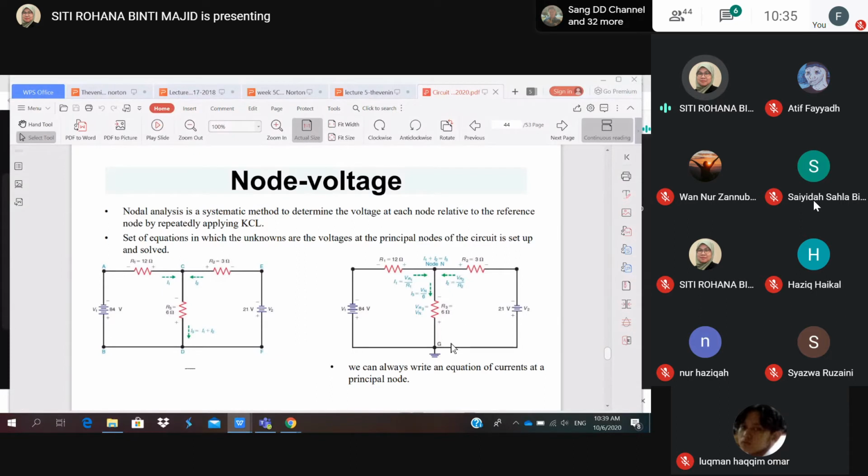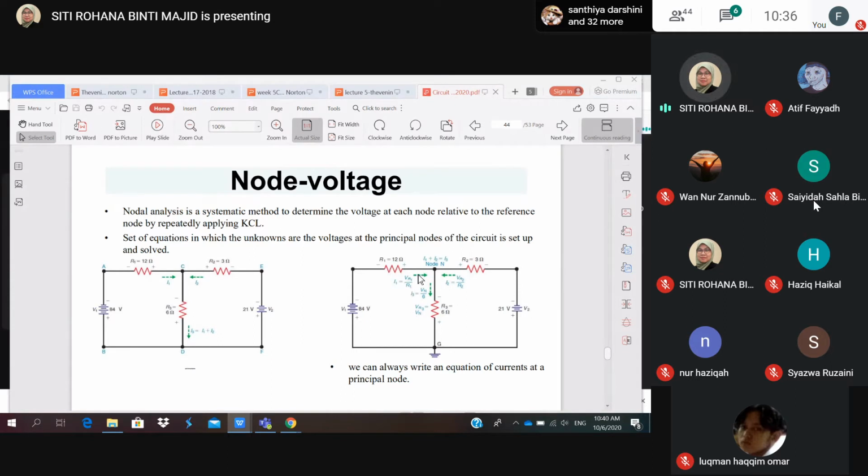Then we can write an equation of current at a particular node. We refer to the KCL, and then you will have the current across this element as I1 equals VR1 over R1. In other words, you start with V equals IR, then I equals V over R. So for resistance 1, that means the voltage across R1 over the resistance R1.